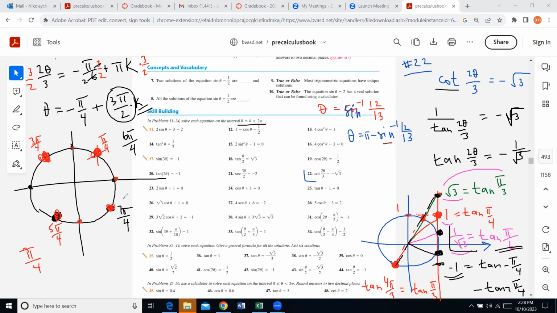But in order to put them with a single equation, I can see that from one to another, I can get by adding pi over 2 or 90 degrees. So what I can do is say pi over 4 plus pi over 2 times k.